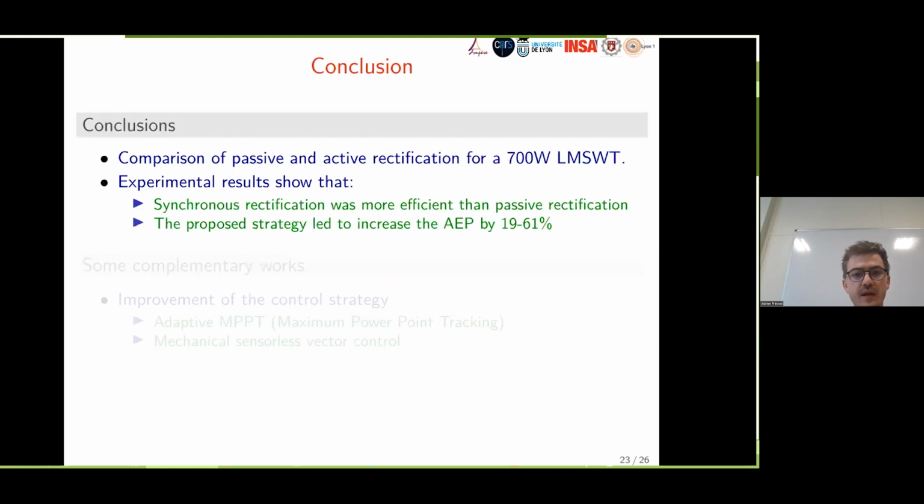So now I will conclude. We've done a comparison of passive and active rectification for a 700 watt locally manufactured small wind turbine. Our experimental results show that the synchronous rectification strategy was more efficient than the passive rectification, and that the strategy led to an increase in the annual energy production by 19 to 61% in comparison to the passive diode rectifier method.